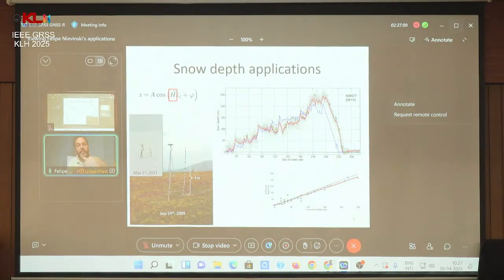If it's nearer to normal incidence, you get a deeper penetration. But that's something that has never been totally clarified. Nobody beyond geometric.